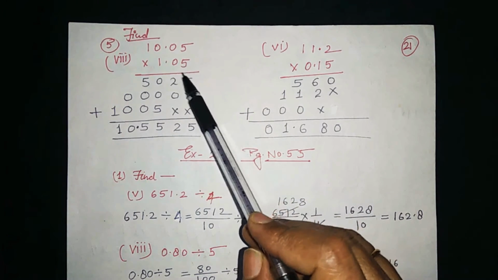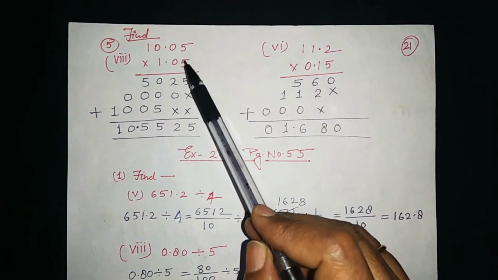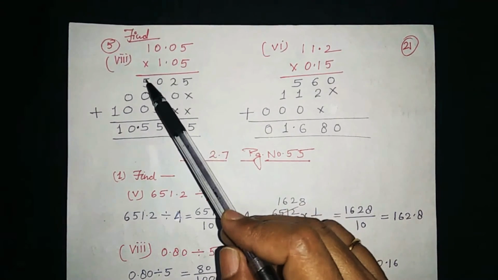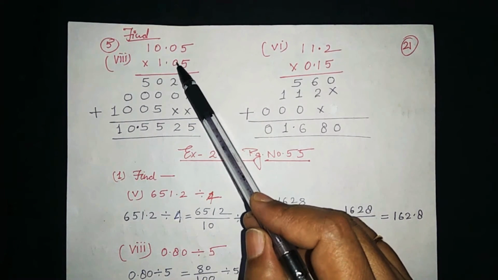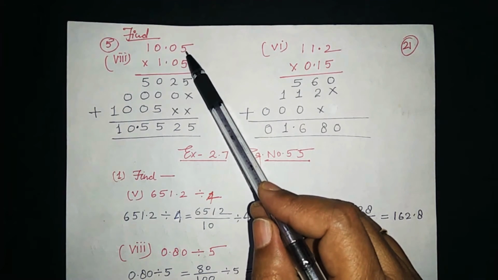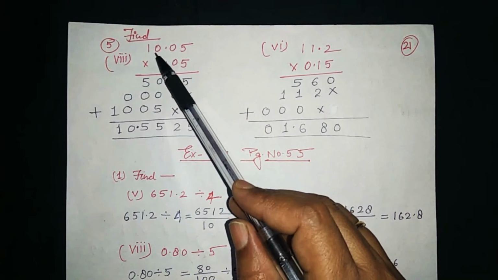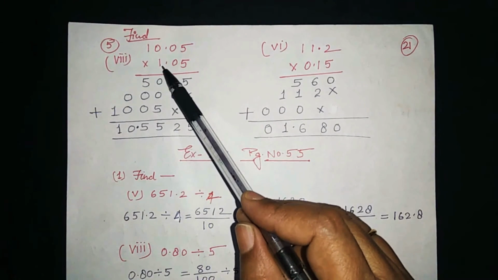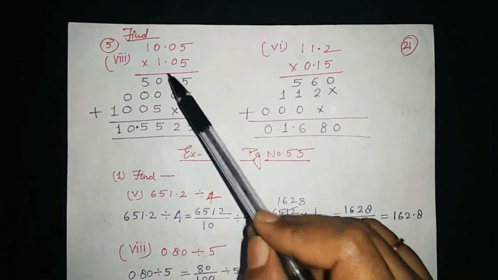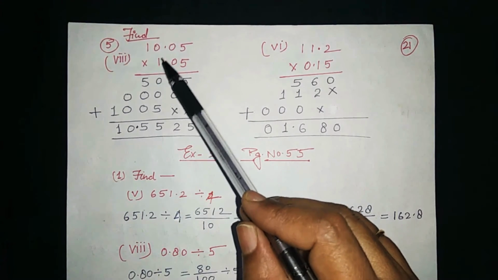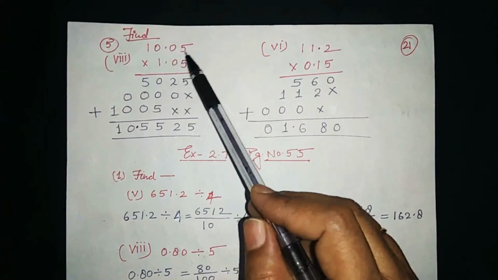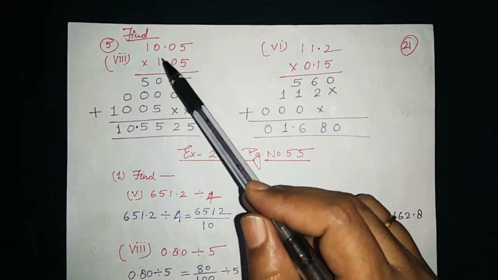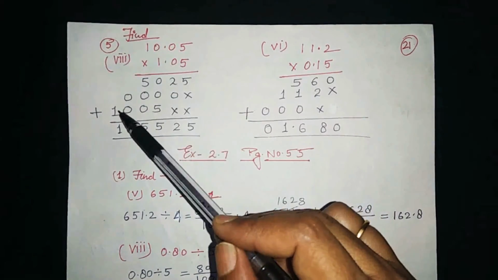Here 5 5s are 25, 5 0 0, 5 1s are 5, and here we will multiply this 0 with 5 and with 0, with 0, with 0, we will write 0. And in the third step, we will multiply this 1 with 10.05. 1 5s are 5, 1 0 0, 1 0 0, 1 into 1, 1.